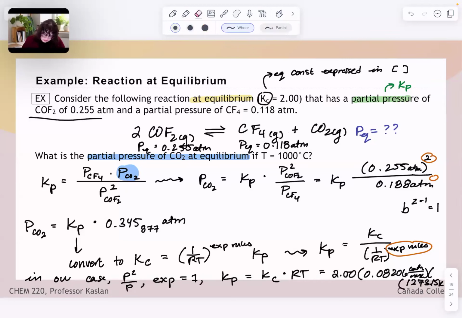Down here, we're running out of room a little bit. And so we need to figure out what Kp is. So that's 2 times our gas constant, 0.08206, and then times our temperature in Kelvin, 1273.15. I get a Kp equal to 208.95.